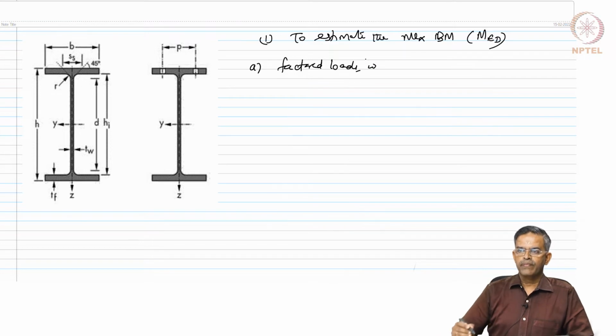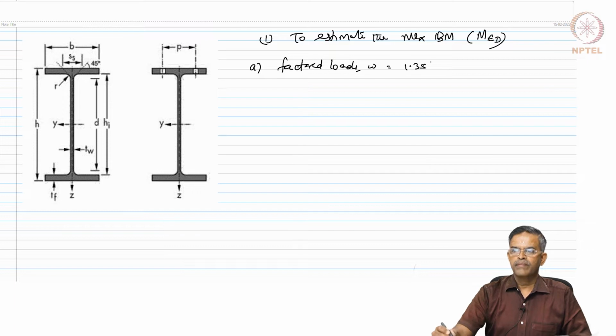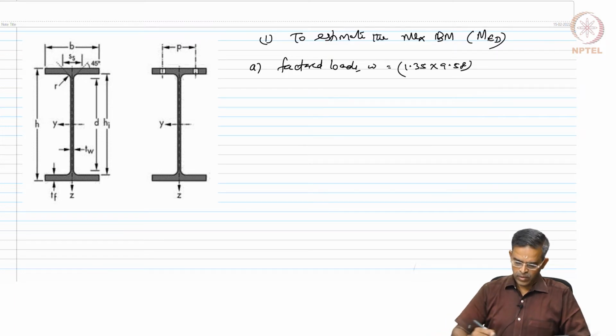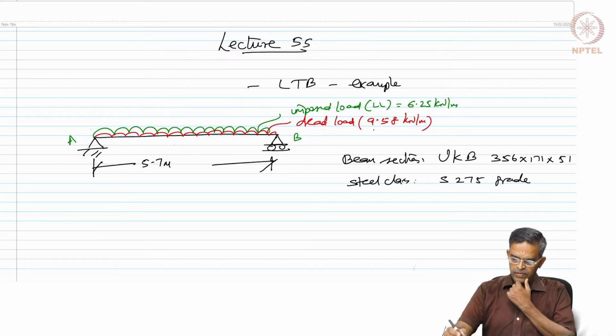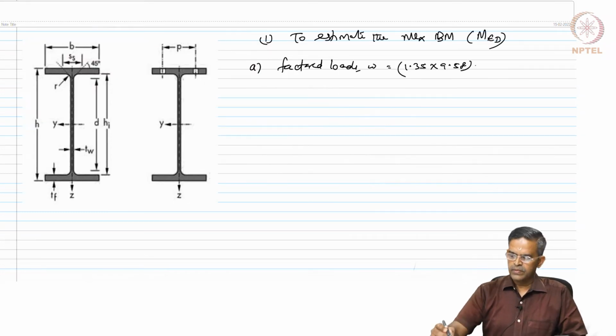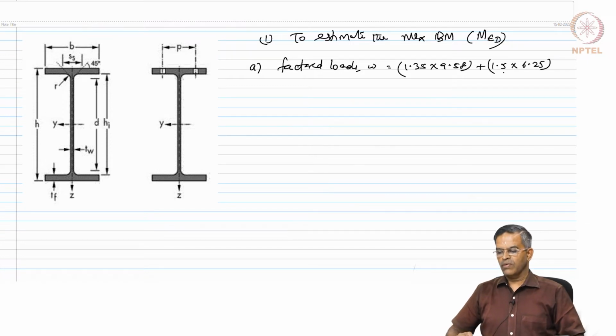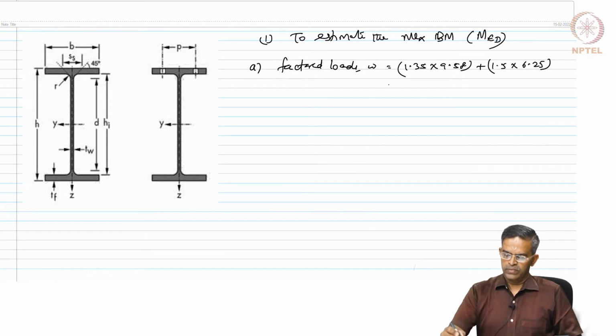W is going to be 1.35 into 9.58, plus 1.5 into 6.25. So, I am using a different factor for live load and dead load, which is going to be 22.31 kilonewton per meter.